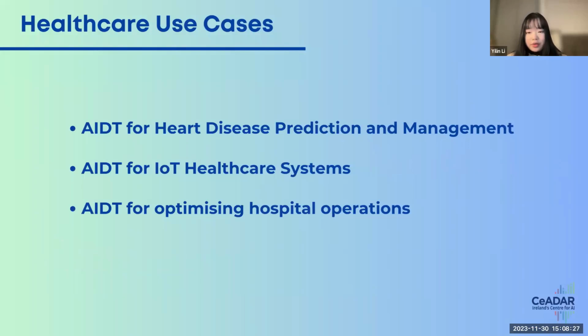Next, I will introduce healthcare use cases and the AIDT key components in healthcare in more detail in three directions. The first is AIDT for heart disease prediction and management. The second is AIDT for IoT healthcare systems, and the last is AIDT for optimizing hospital operations.